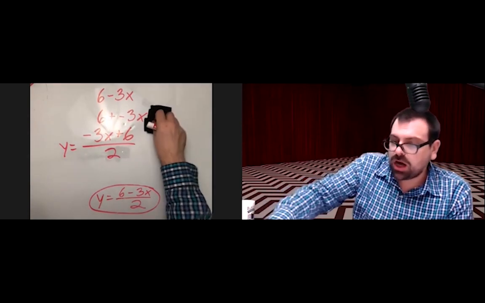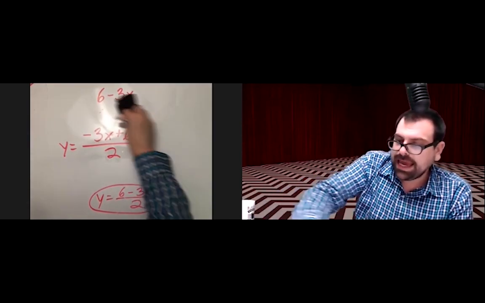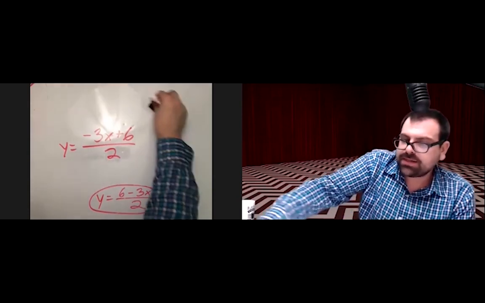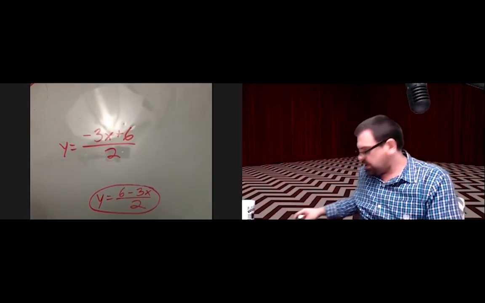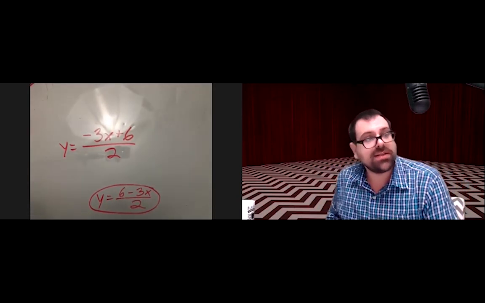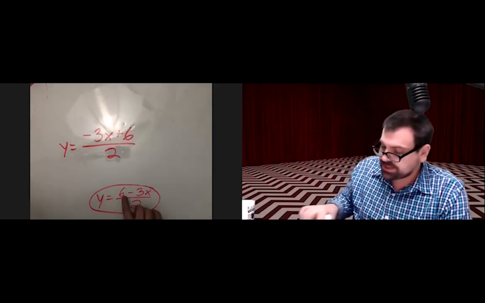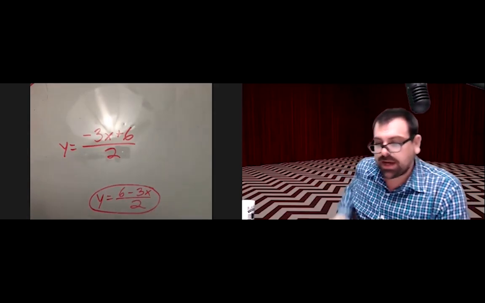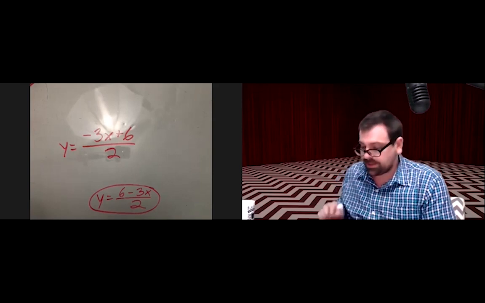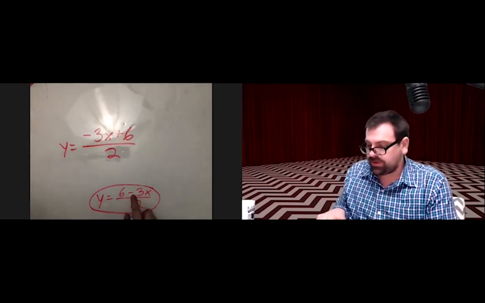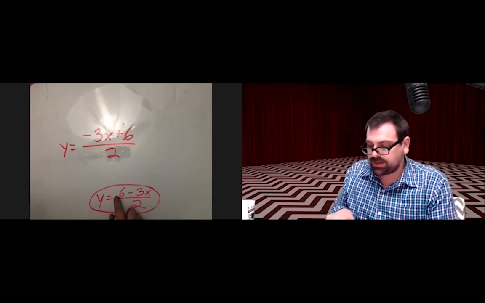So it's common practice that when we can, we write the x term first and then the constant term second. So 6 minus 3x, that's the same as minus 3x plus 6. Notice the 3x is negative, the 6 is positive.